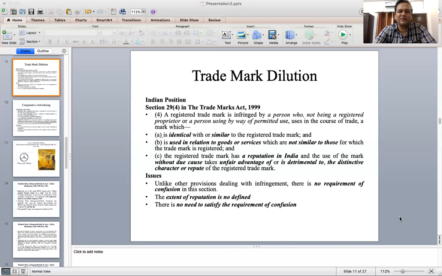Here you must pay attention that it is used in relation to goods or services which are not similar to those already registered. If you go by infringement cases, you find that the goods or services are normally similar. But in this case, the prerequisite is that they are not similar, because it is a well-known trademark, as you know, so it is applied to non-similar goods and services too.